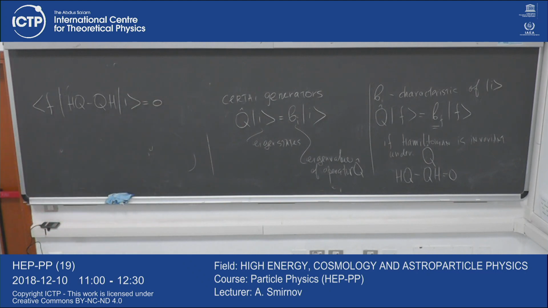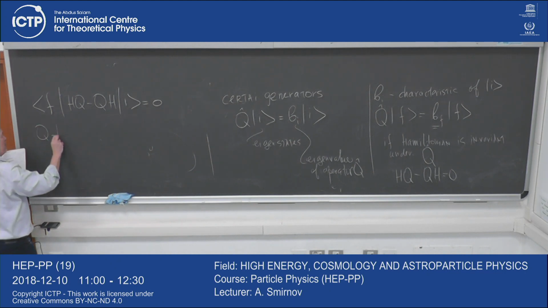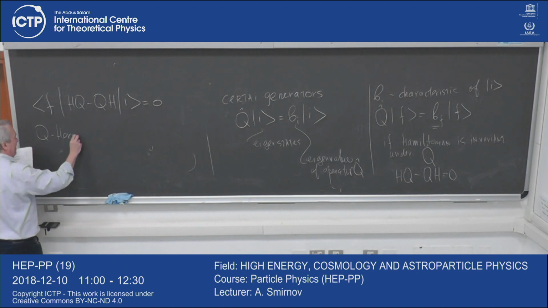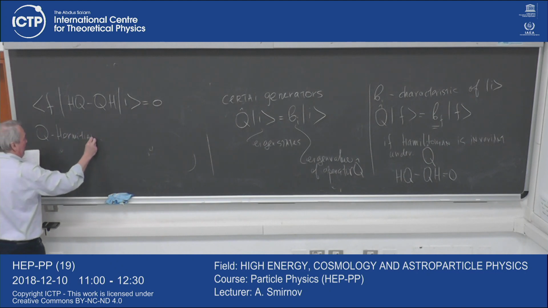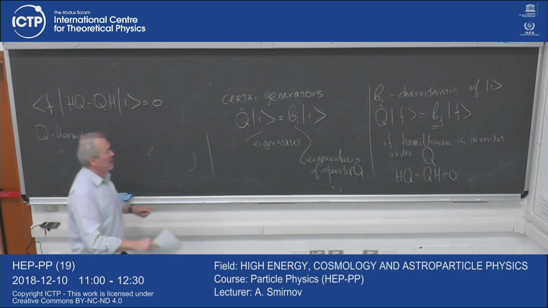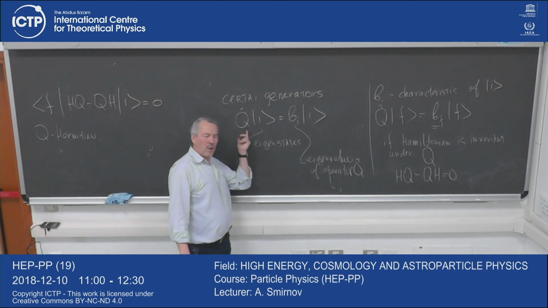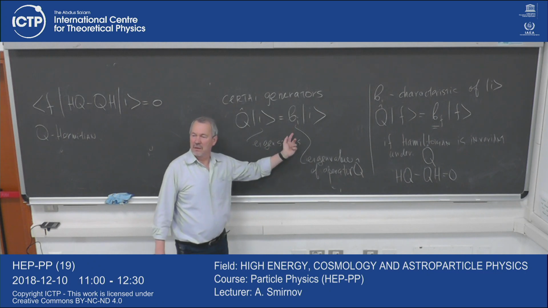Because this is 0, I take this 0 in between F and I states, and I have this equality, right? Now, let me consider Q to be Hermitian. And this is needed to identify this with some physical quantities, because then B is real in this case.